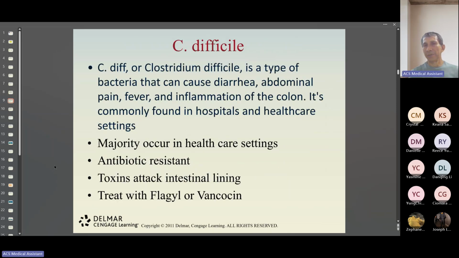Clostridium difficile. We call it C. diff. Why? Because Clostridium difficile is too long, that's too much. C. diff. So this is another bacteria that causes problems in the digestive system. And how do we know? Because we develop abdominal pain, nausea, vomiting, or diarrhea.